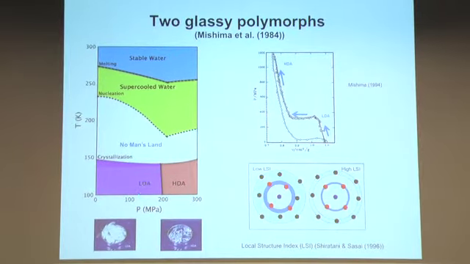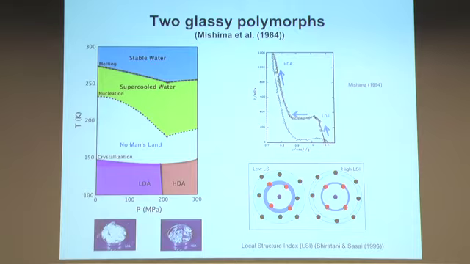What happens is that in these two amorphous ices, there are different local environments of the water molecule, and these are better captured by an order parameter that I indicate here. This local structure index was introduced by Shiratani and Sasai in '96, and essentially is an order parameter that depends on the coordinates of the molecules in the nearest neighbor shell and in the region between the first and the second coordination shell.